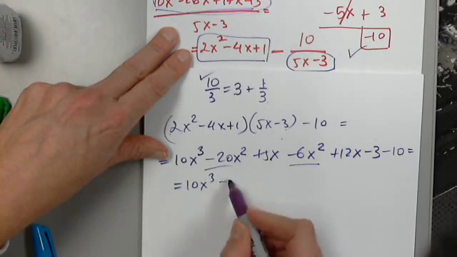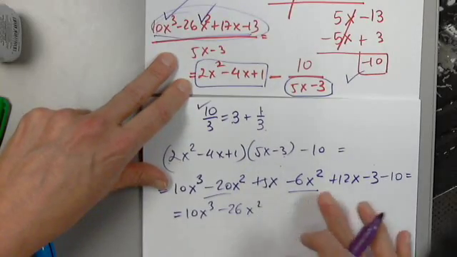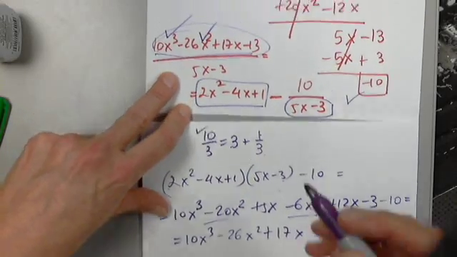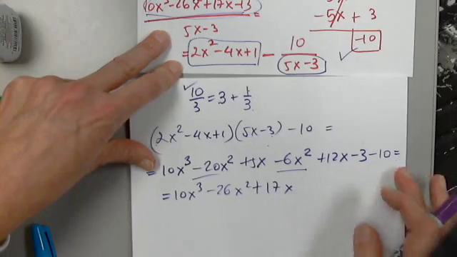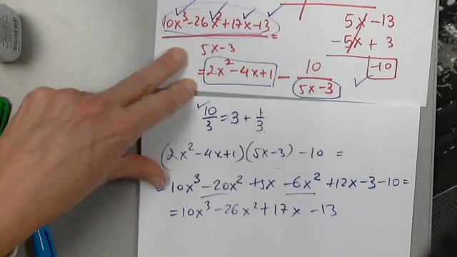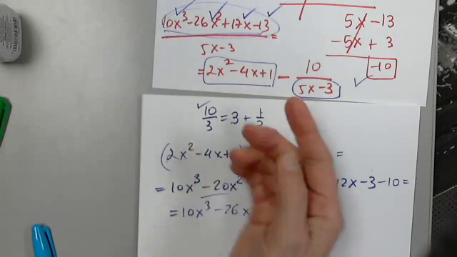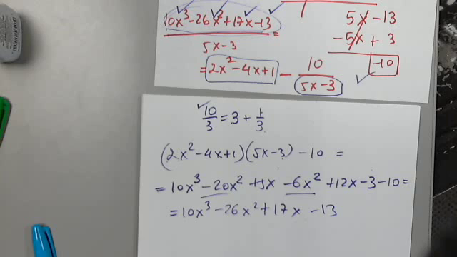Negative 26x squared? Yes. Positive 17x? Yes. Negative 13? Yes. So obviously this is the correct quotient, and negative 10 is the correct remainder. All we did was just verify.